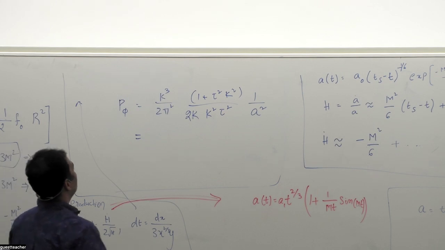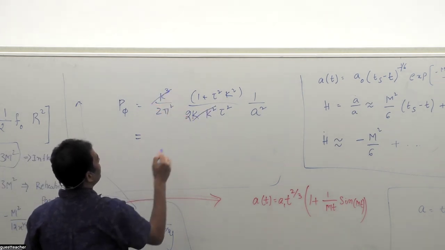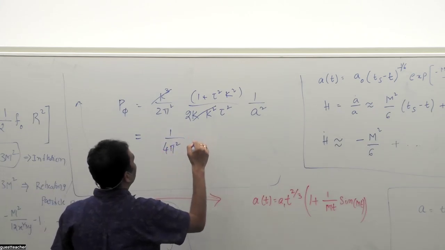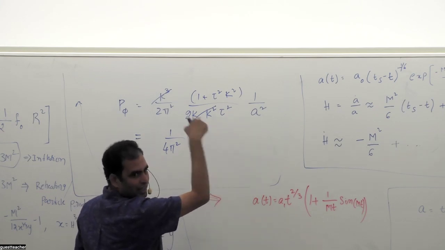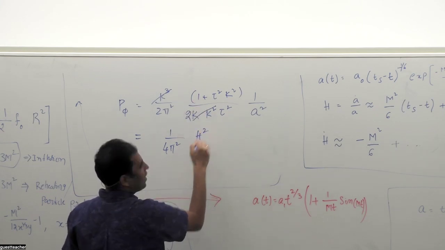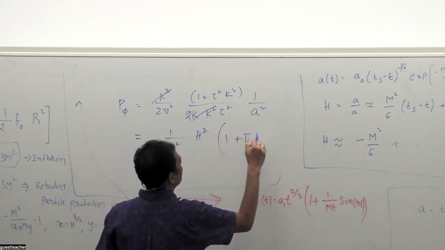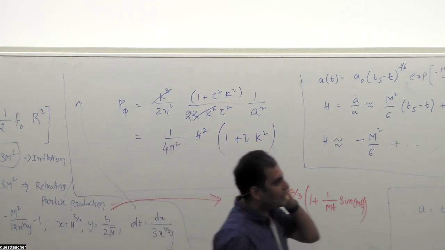Looks like no. Okay, so what you get, k cube cancels. It is 1 over 4 pi square, and tau square a square is the inverse of h square. You get h square, and then you still get something like tau k square, where tau is 1 over ah.